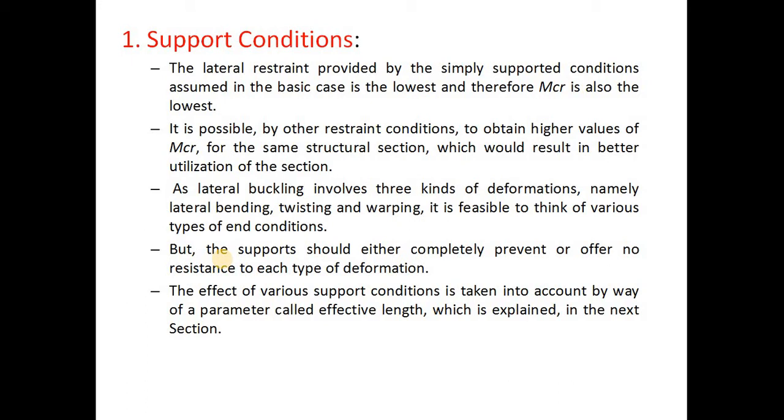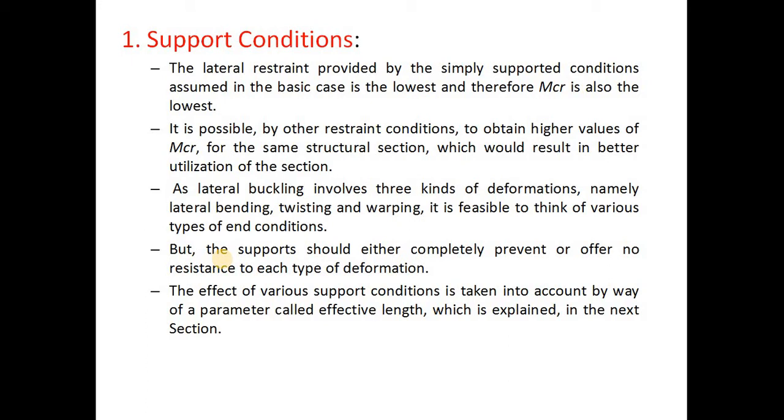Now the simply supported condition gives the lower critical moment, which does not utilize the full section capacity of that I section. As lateral buckling involves three kinds of deformations, namely lateral bending, twisting and warping, it is feasible to think of various types of end conditions so that we can restrict all these movements and increase the elastic critical moment of that section.